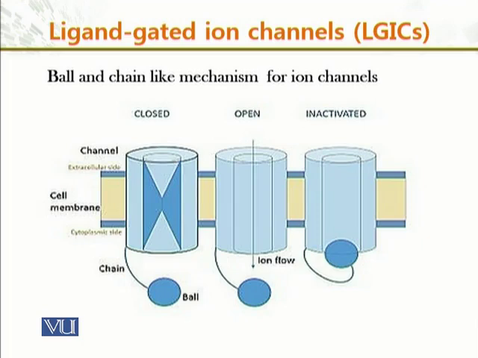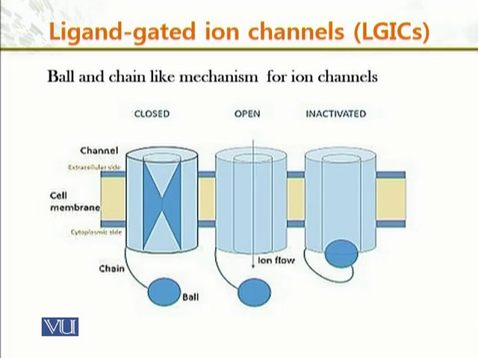Now, this is the ball and chain like mechanism for ion channels as we discussed. You can see there is a ball and a chain. When the channel is closed, the blue area is closed and the ball is at one discrete end. When it is opened, the ball is removed and the channel is open.